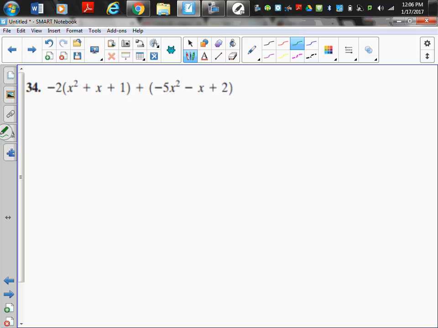So I'm going to start off with my distributive property because of this problem right here. So negative 2 times x squared. Negative 2 times positive, negative 2x minus 2.